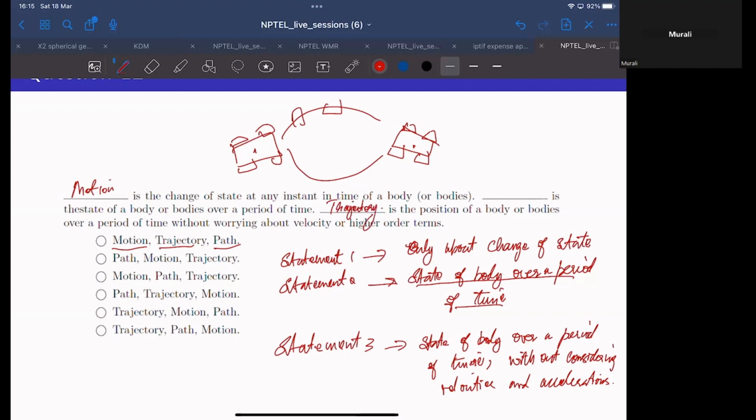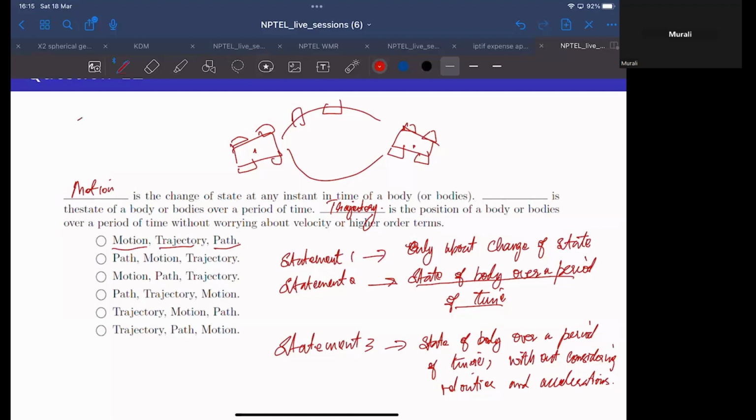And for the third statement, we would still know the position of the body over a period of time, but we are not concerned about the velocities or higher order terms. That's all. Position as a function of time, and nothing more. We don't bother about accelerations or velocities.